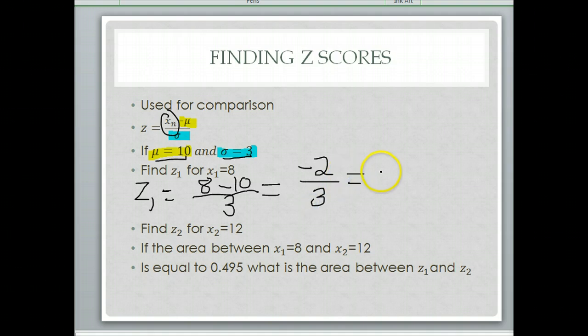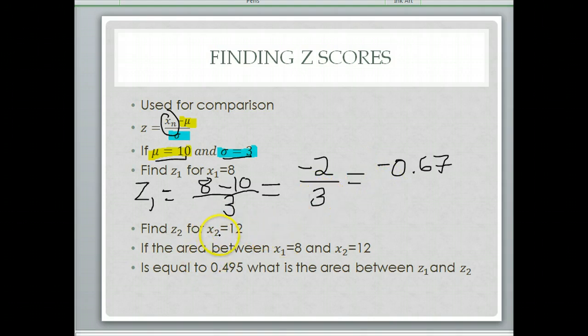And we get a z-score for this particular student of negative 0.67. It is very common to round our z-scores to 2 decimal places. That gives me a comparison for that student in terms of how many standard deviations they are below the mean.